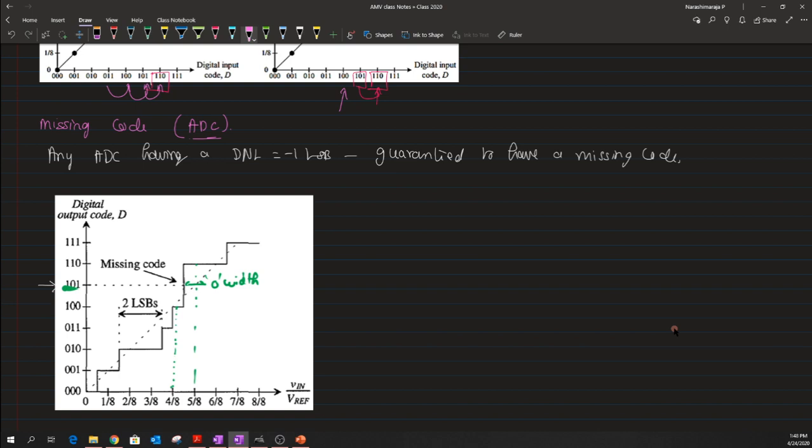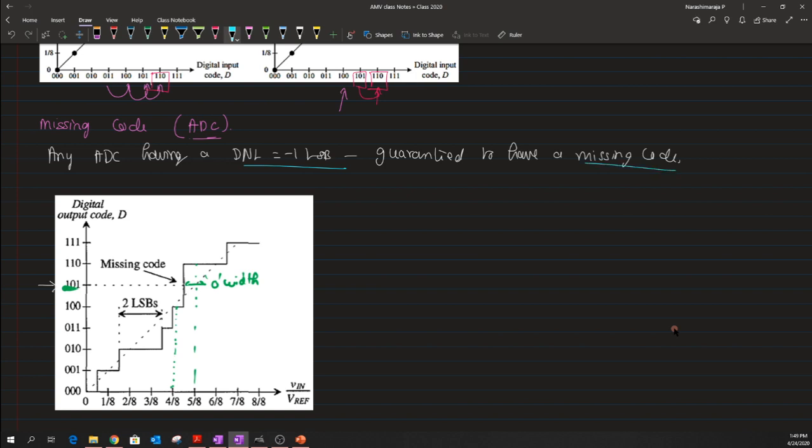Again, this missing code is a kind of parameter that one could relate to a DNL. Just by looking at a DNL value, one could say whether the ADC has a missing code or not. Here is a case where whenever an ADC has a DNL of -1, it guarantees a missing code.